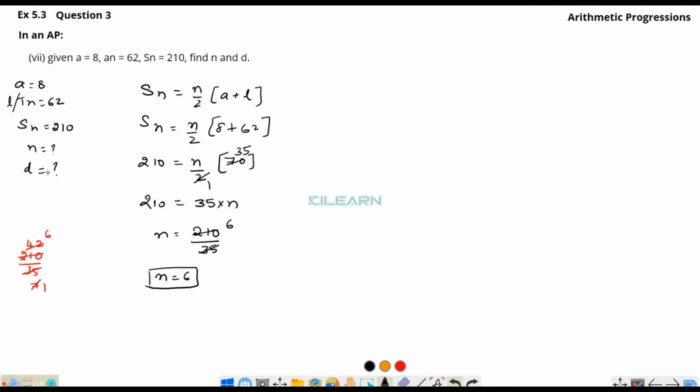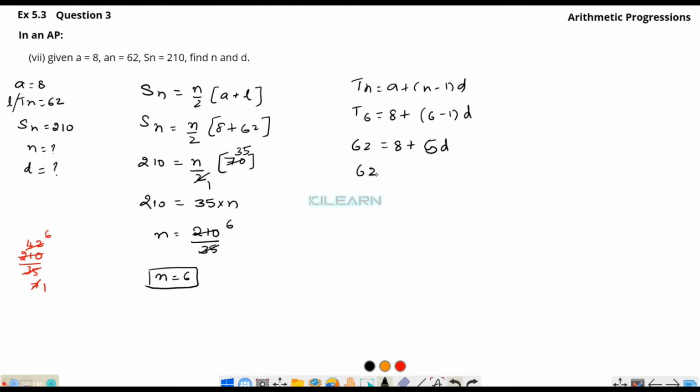Now I need to find the d value. For finding d, I have the Tn formula, that is a plus n minus 1 into d. T6 is equal to a is 8 plus n, I have 6, minus 1, and d I need to find. T6 value they have given is 62. So 8 plus 5d.